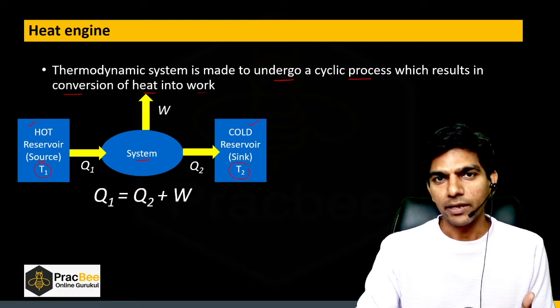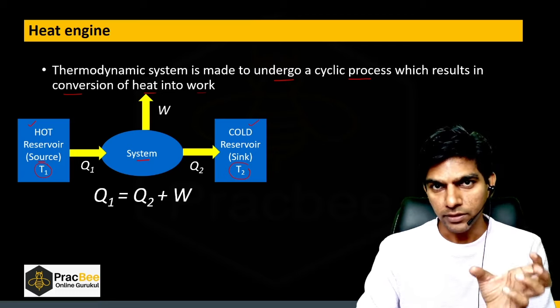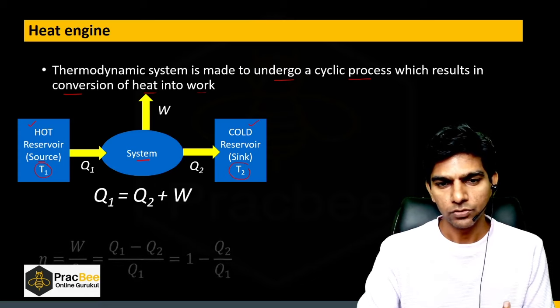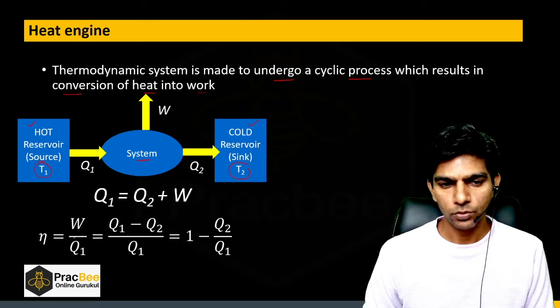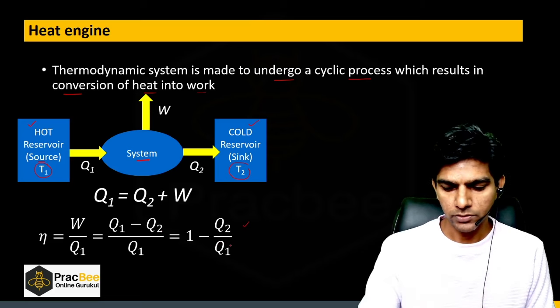If I want to find the efficiency of a heat engine, it is defined as the work done per unit heat supplied. So it will be W upon Q1, where Q1 is the heat supplied to the system. So Q1 minus Q2 upon Q1, which can also be written as 1 minus Q2 by Q1. This formula you have to remember in the case of a heat engine.